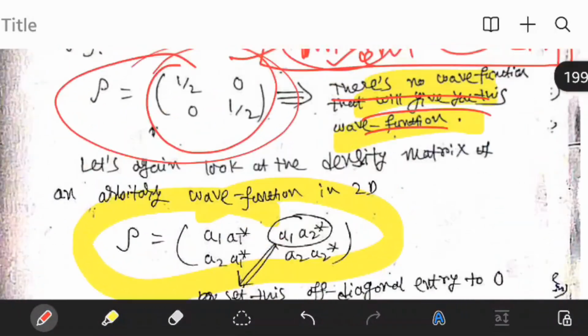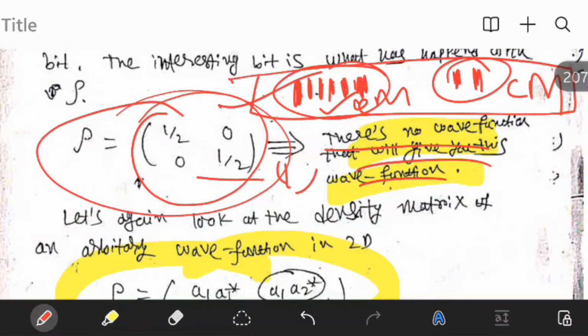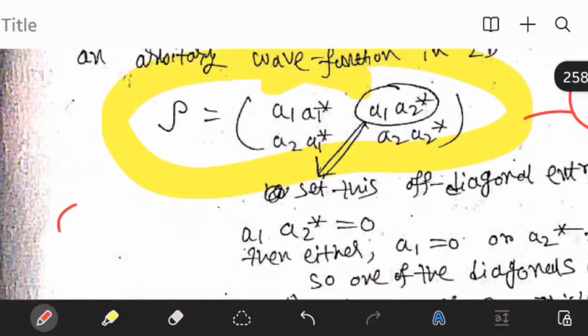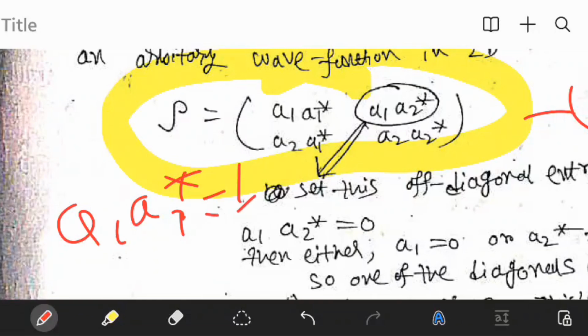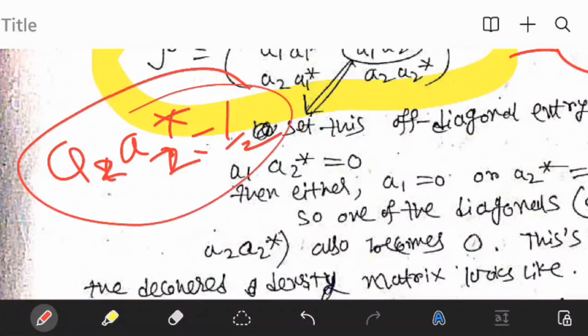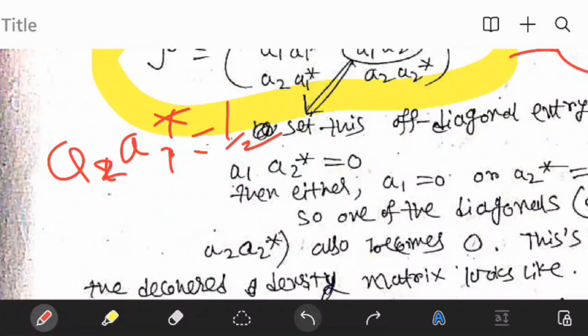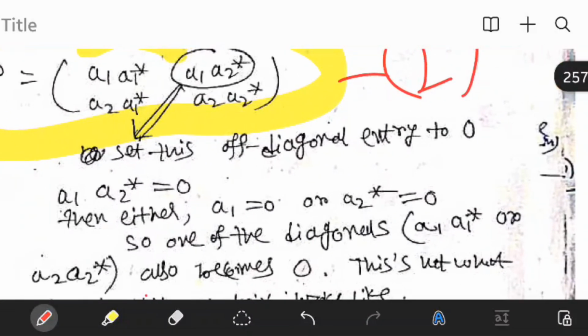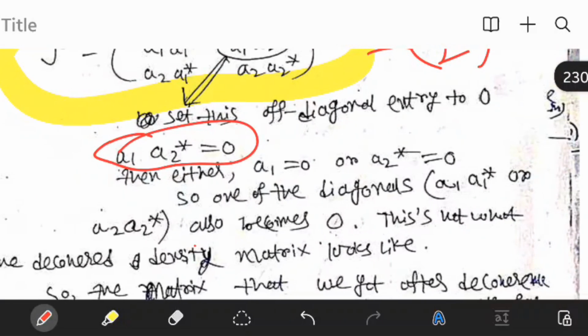So if we compare equation 1 with equation 2, we will have A1 star is half, which is true, and A2 star, which is also half and true, obviously. But by comparison, we will end up with A1 A2 star is 0 and vice versa.